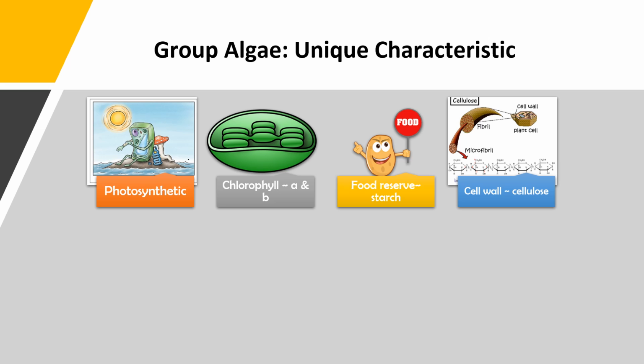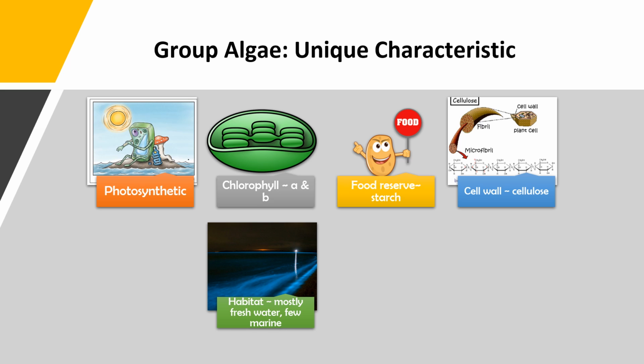And after that, as algae is plant-like, it also has a cell wall. And the cell wall of algae is made up of cellulose, as opposed to bacteria of Kingdom Monera, which consists of peptidoglycan, whereas the cell wall of fungi is composed of chitin.